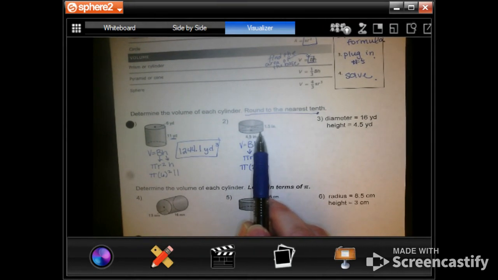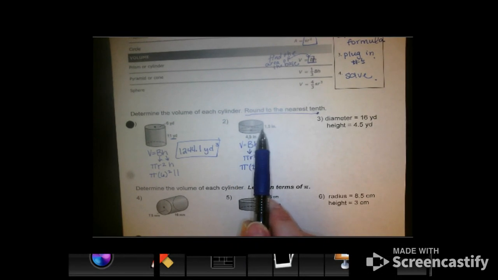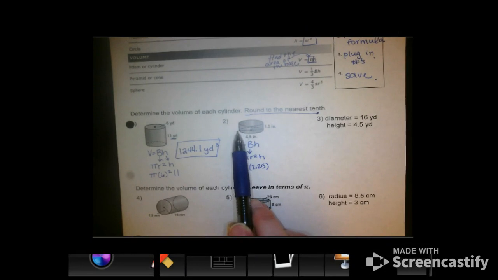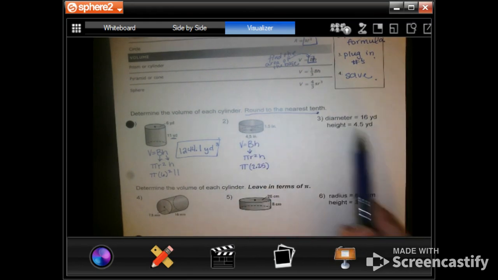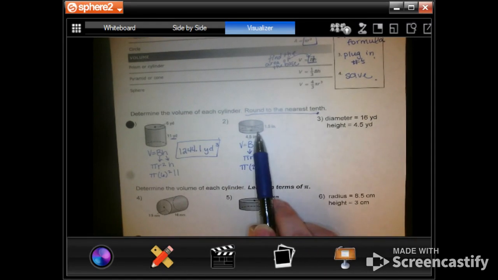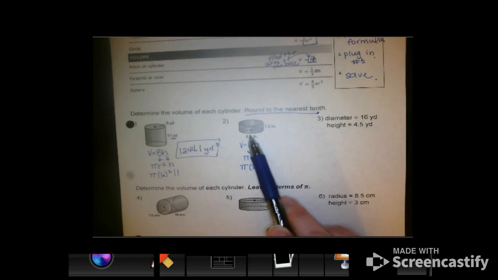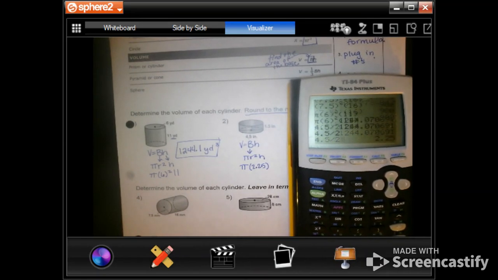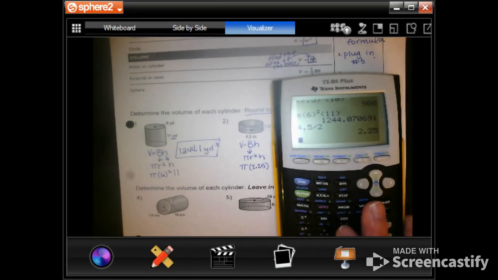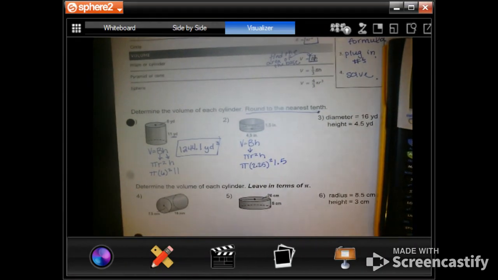Did that give me half the length? No. Okay, radius is just from here to here. This is giving you diameter from one side of the circle to the other. Okay, so you have to really pay attention to the picture or to the words. So diameter is the length all the way across. You only need half of that. So anytime it gives you the diameter, you have to divide it by 2. Do you have a calculator that can do that for you? Yes, 2.25. All right, then you just plug it in. All right, put that in your calculator.